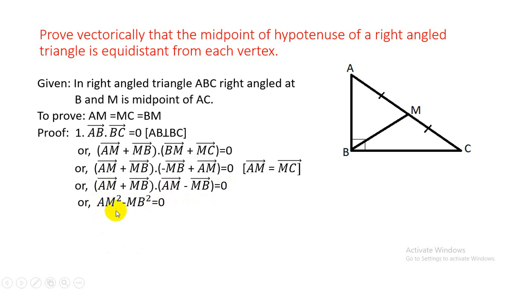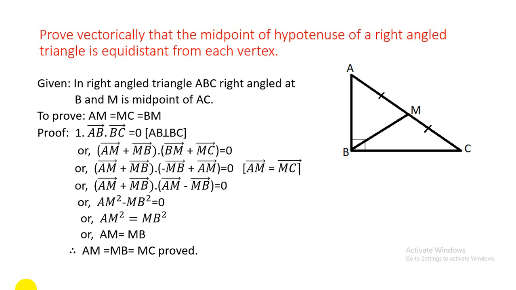If a square is there, it will be a scalar. Now AM square equals MB square. Square and square cancel, AM is equal to MB, hence AM is equal to MB equal to MC. Proved.